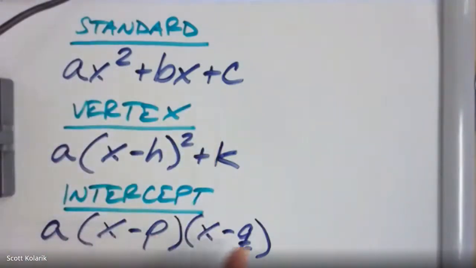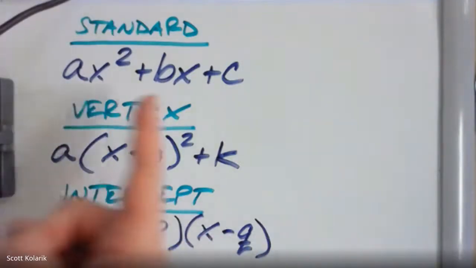Same thing here, right? Where I would take this parentheses and using distribution and collecting like terms, multiplying it with this parentheses, and then multiplying through that A, I'll get back to this form as well.